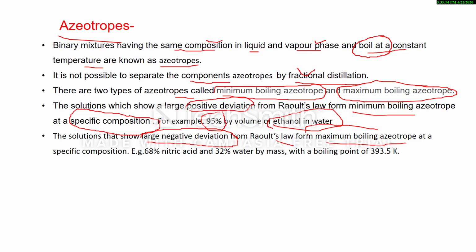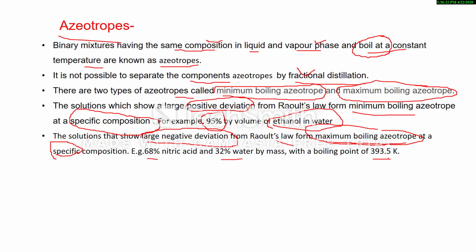That's why this will make a maximum boiling azeotrope at a specific composition. Again remember, specific composition. An example is 68% nitric acid and 32% water. It means if the volume of solution is 100 ml, then 68 ml is nitric acid and 32 ml is water. It will boil at a boiling point of 393.5 Kelvin.